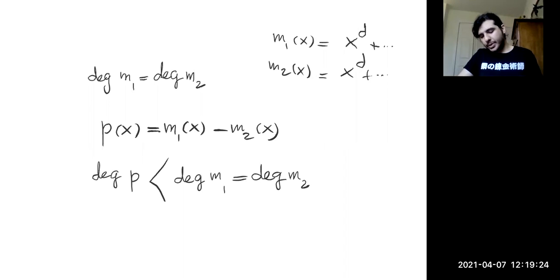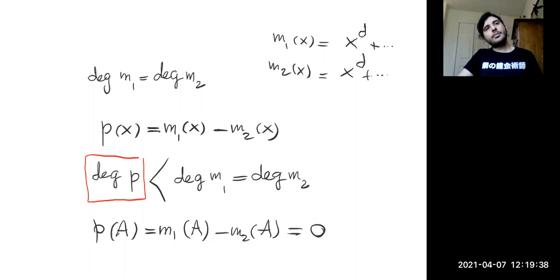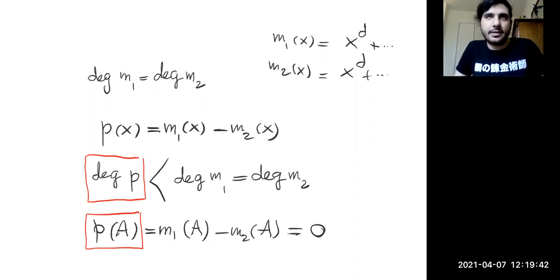On the other hand, p(A) is equal to m1(A) minus m2(A), but m1(A) is 0 and m2(A) is 0, therefore this is going to be 0. So I found a polynomial with degree less than the minimal polynomial such that A is a root of it. That is not possible.